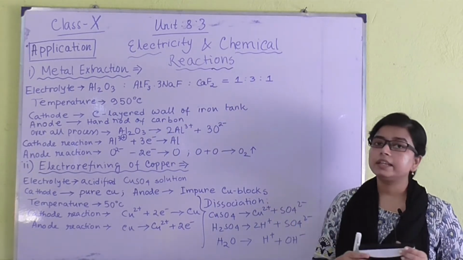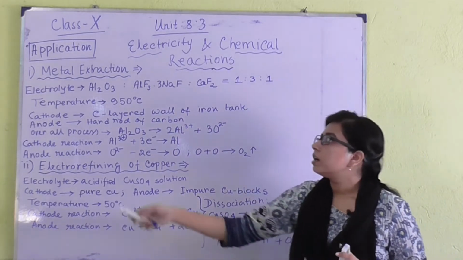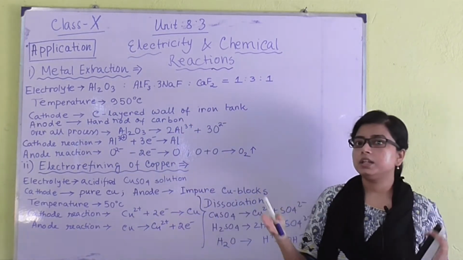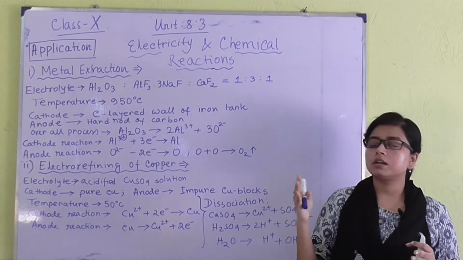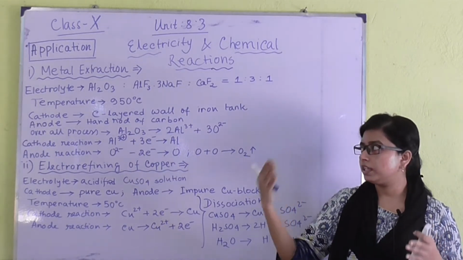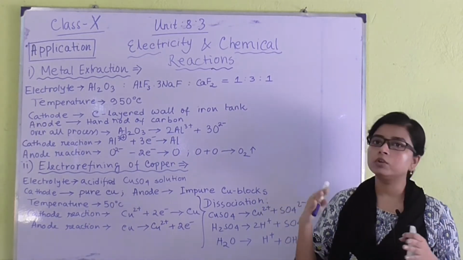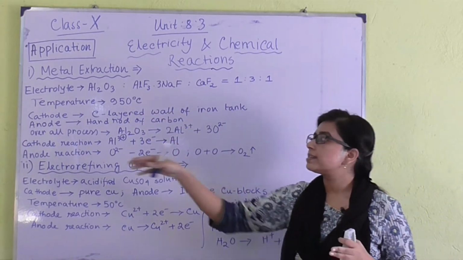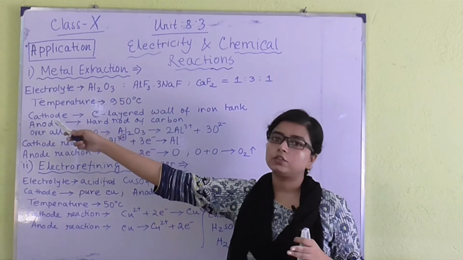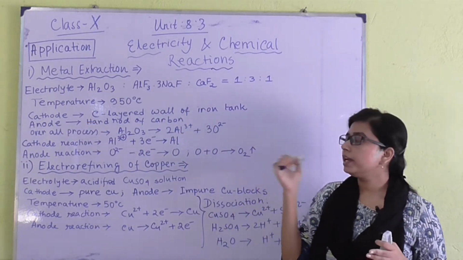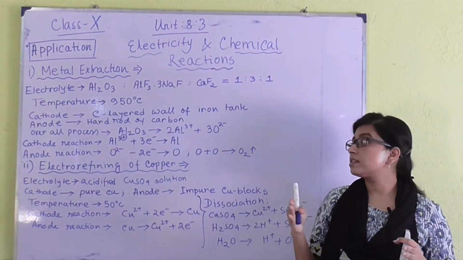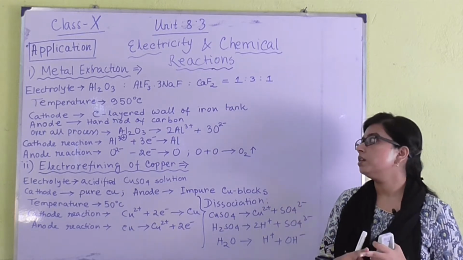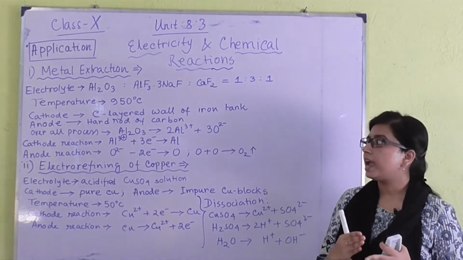Next, the important thing is the electrode. The process is carried out in an iron tank whose inner wall is coated with a carbon layer. This carbon layer acts as the cathode of the whole process, and we have to set a hard rod of carbon which will act as the anode.